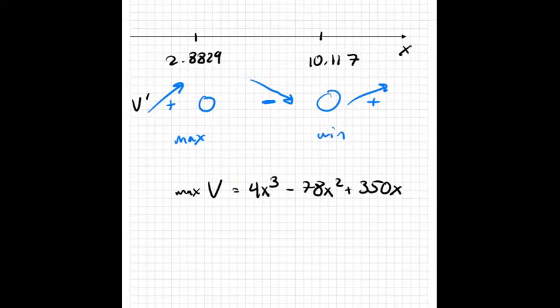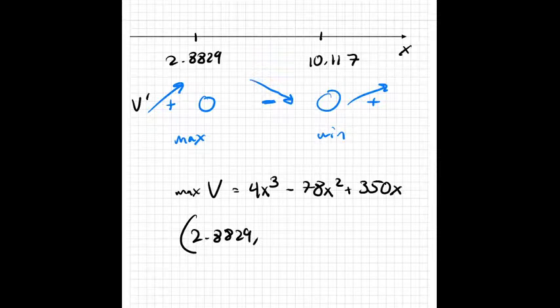We're saying the maximum volume, if we plug in 2.8829, the output should be, let's give this a go. Hey Siri, what's 4 times 2.8829 times 2.8829 times 2.8829 minus 78 times 2.8829 times 2.8829 plus 350 times 2.8829.